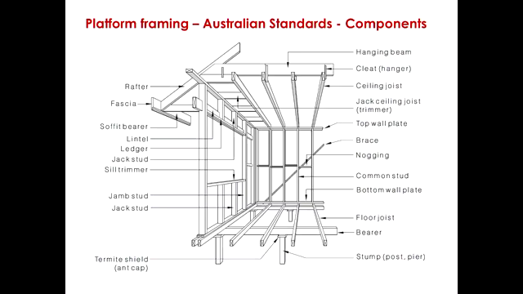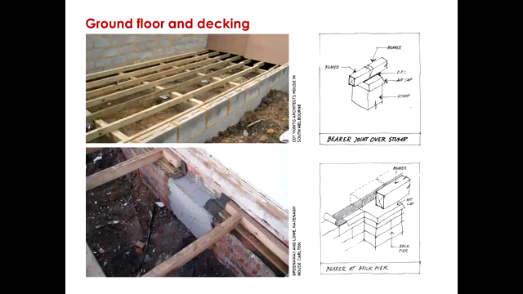So if we now consider this terminology that you probably know already from year one, we can look at all of these elements one by one, starting from the ground level. So let's look, for instance, at the stumps, the bearers and the joists, and we'll also look at the hand cap. So this is how it looks.